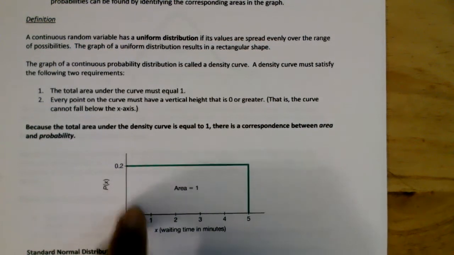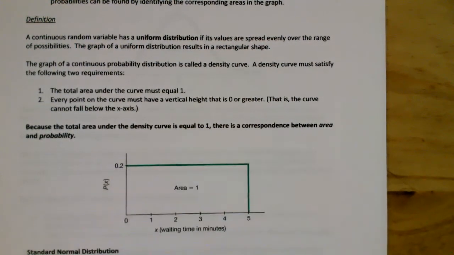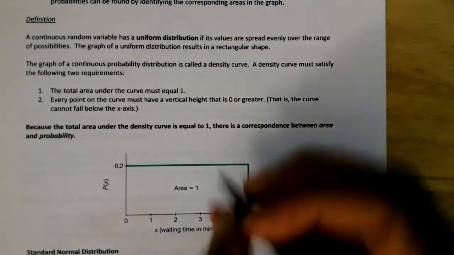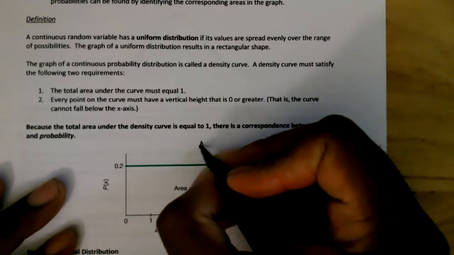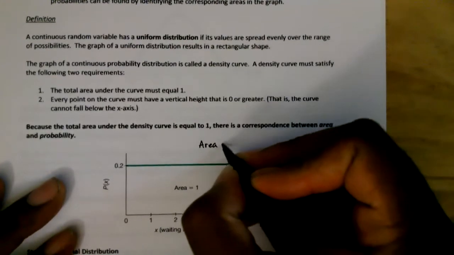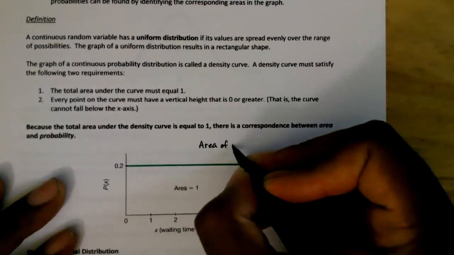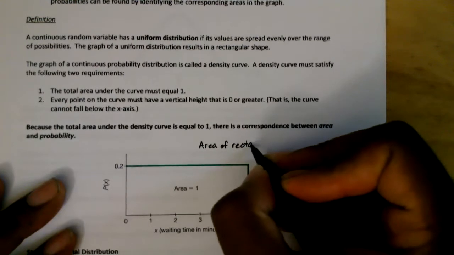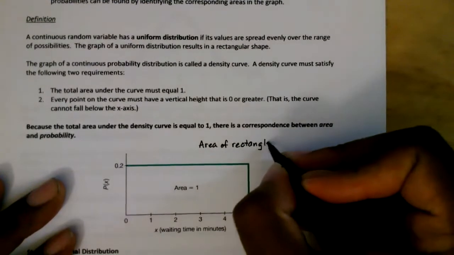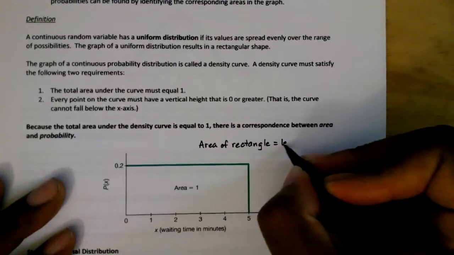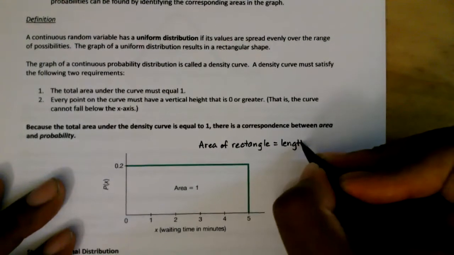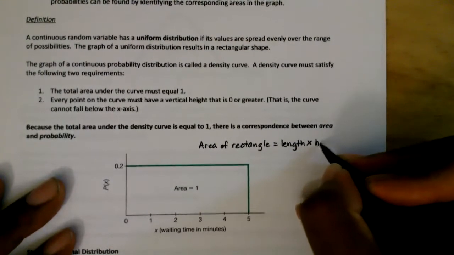That's your height. If you recall, when you find the area of a rectangle, it's always going to be the length of the rectangle multiplied by the height.